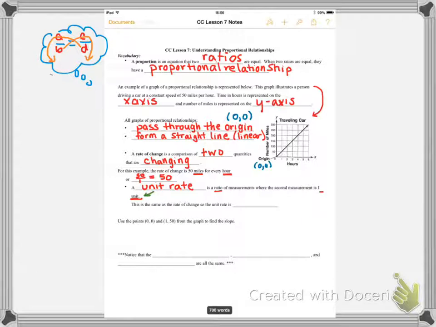So 1 unit, and the second value then is for 1 of something. This is the same as the rate of change. So in this case, the unit rate for our graph is 50 miles for 1 hour. So the unit rate is 50 miles per hour, or 50 miles for 1 hour.